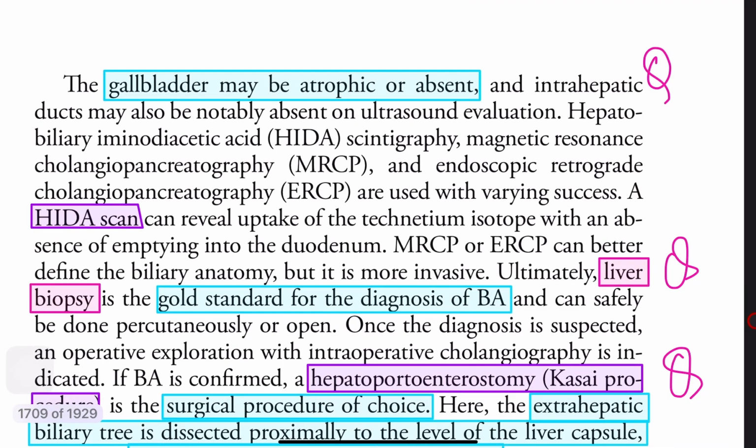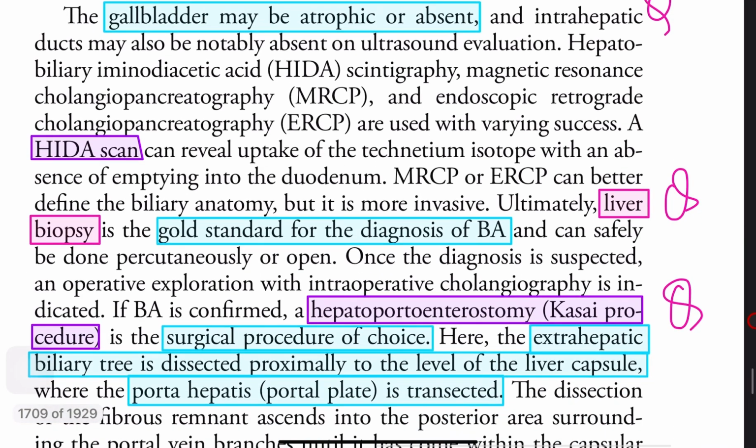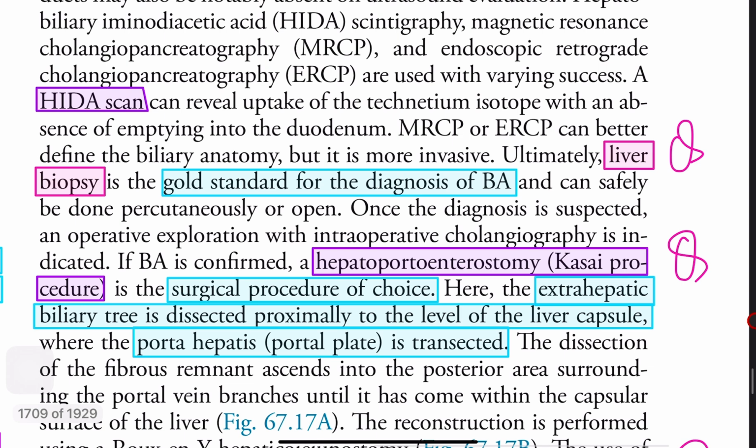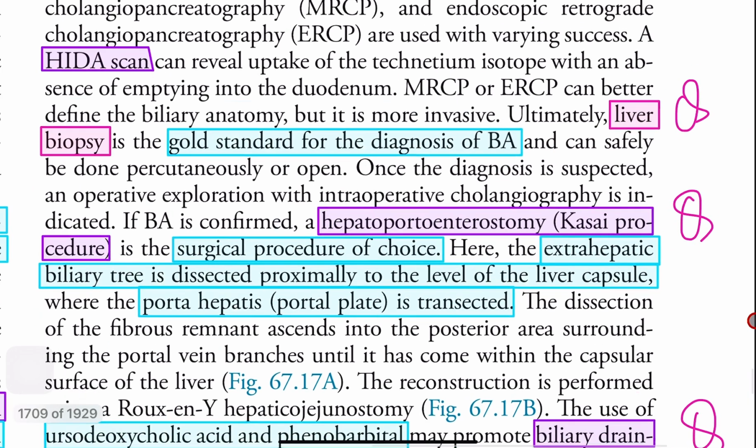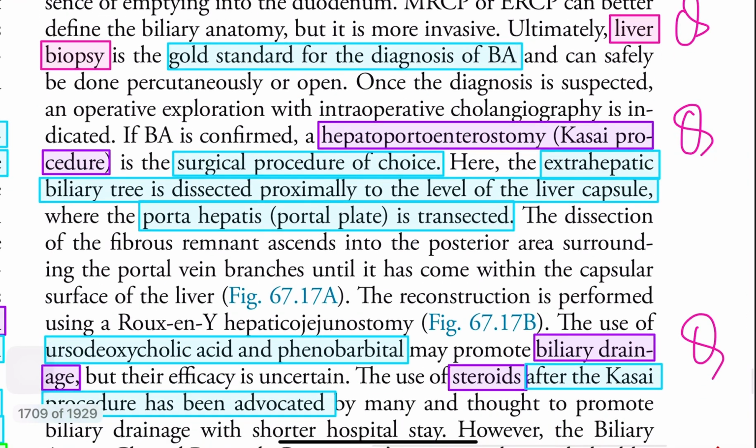In biliary atresia, the gallbladder may be atrophic or absent. As I said, liver biopsy is the gold standard for biliary atresia. The hepaticoportoenterostomy Kasai procedure is the surgical procedure of choice, the most important line in the whole chapter.